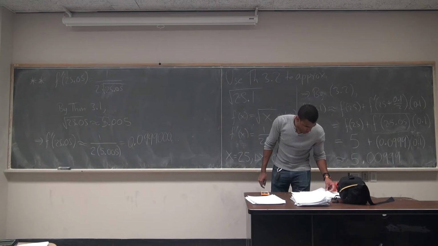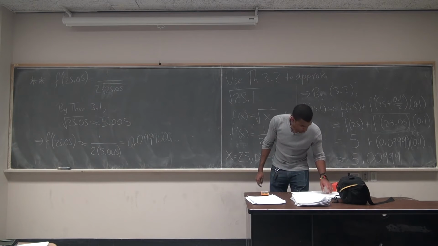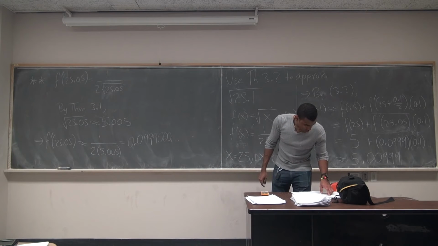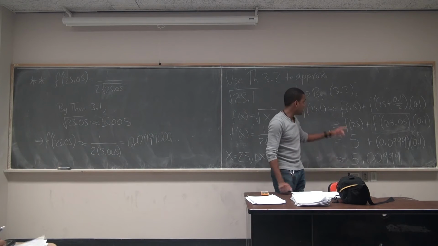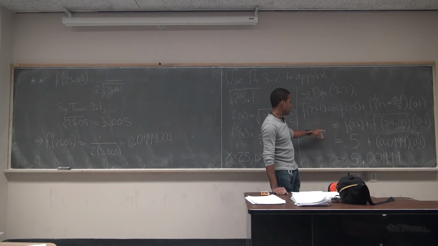And you may have noticed that that's actually, I don't remember, what did we get for this when we used regular Euler's method? The theorem 3.1, when we did this guy, what did we get?